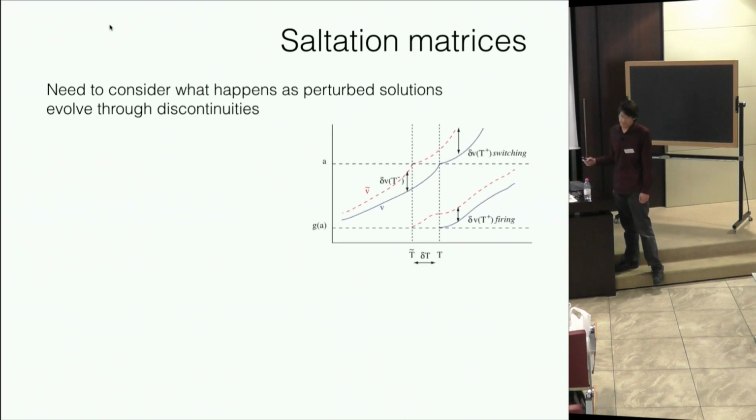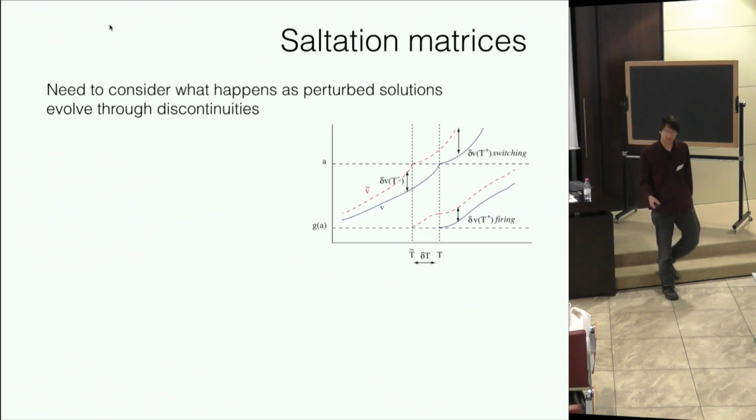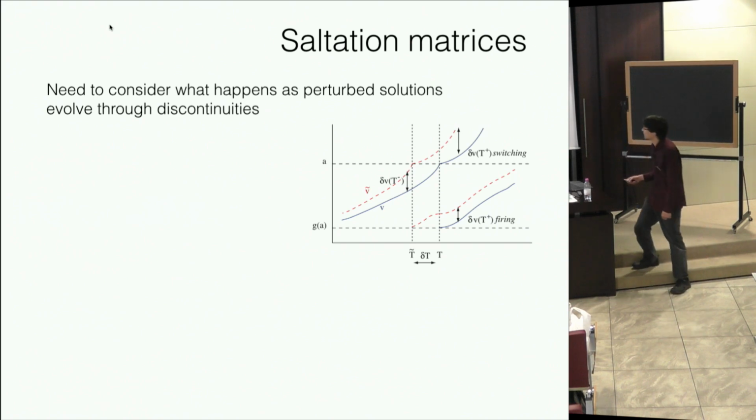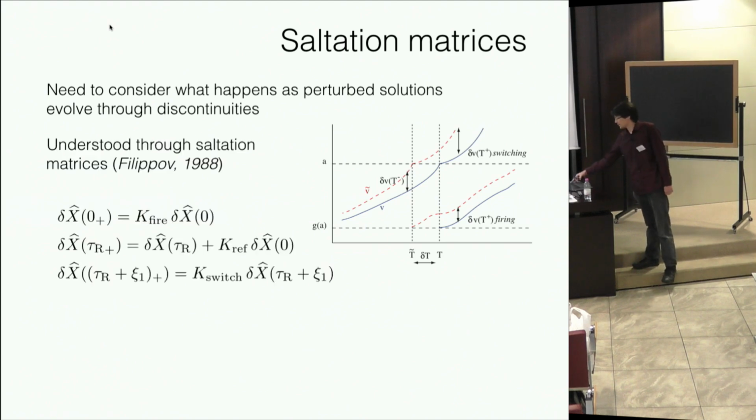And then the final thing is to recall that these threshold events are not just when we hit the reset, but also when we switch between the different linearizations of our steady state activation curve, and also when we exit this refractory period. But nicely, and if you're interested in learning about discontinuous dynamical systems, there's a great book here by Filippov.